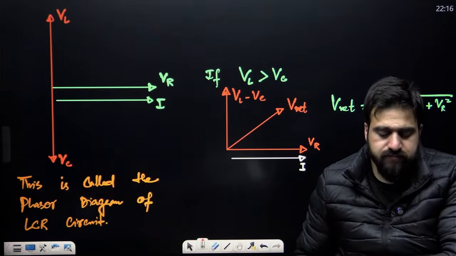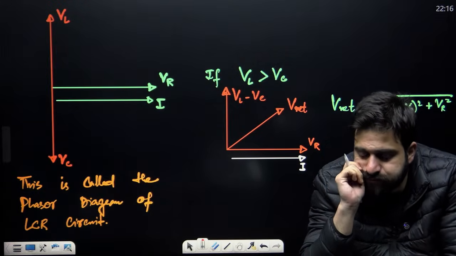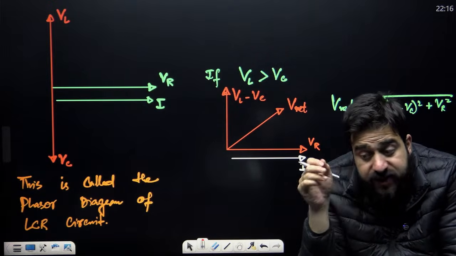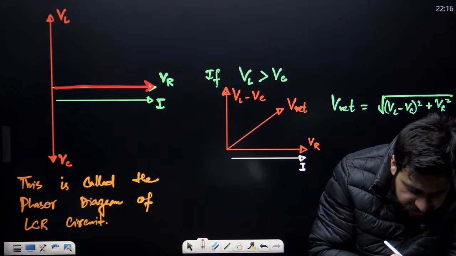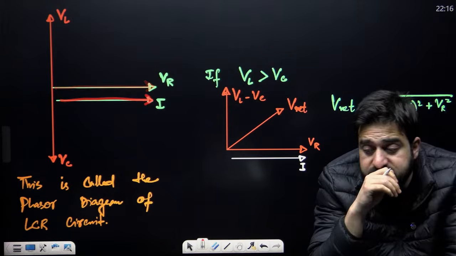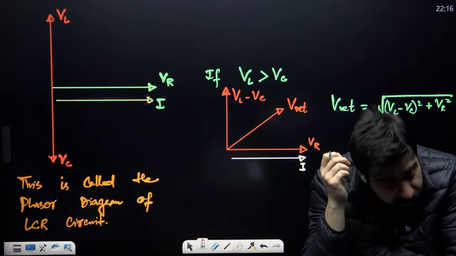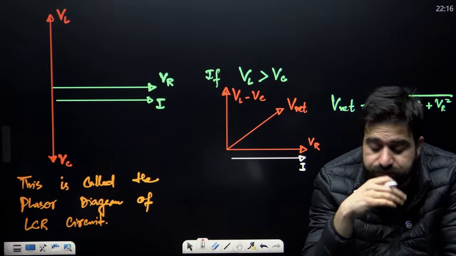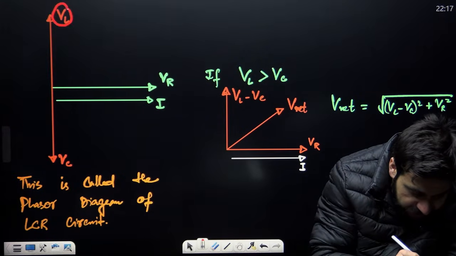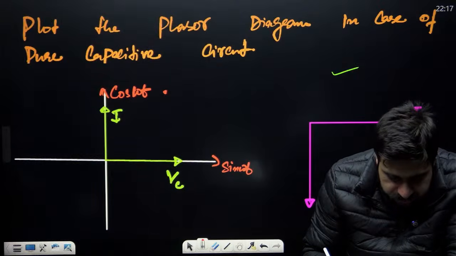Now guys, in this particular case, if you have to make the phasor diagram, how do you make phasor diagram? Recently you studied. VR and current will be in the same phase. Voltage across resistance and current will be in the same phase. So that's why I made the parallel. And this VL must lead current by pi by 2.